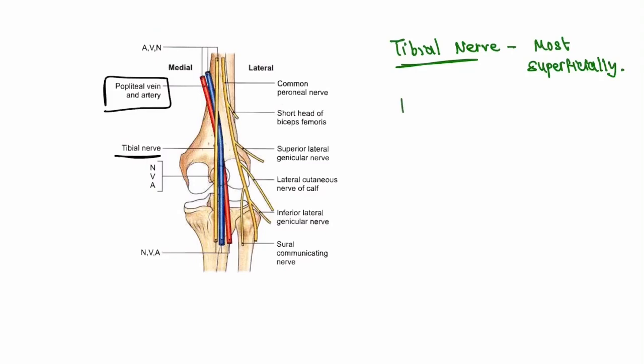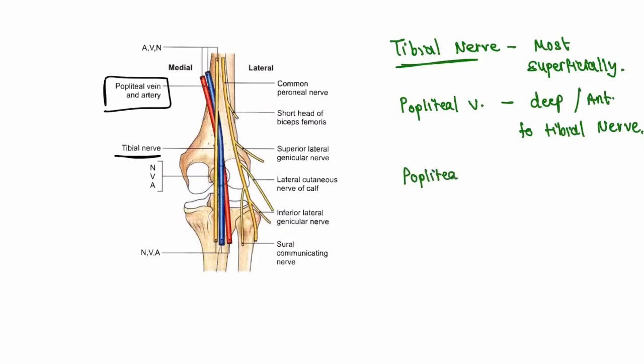After that, there is popliteal vein which lies deep or anterior to tibial nerve. And third is popliteal artery which is situated deepest.